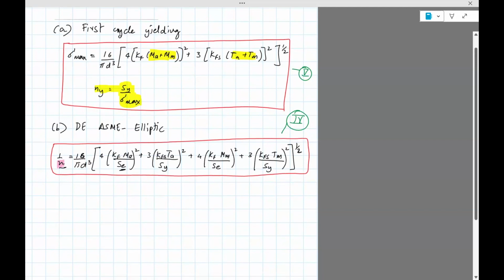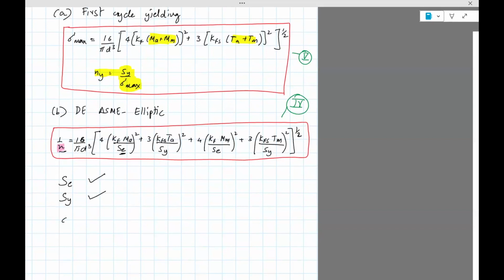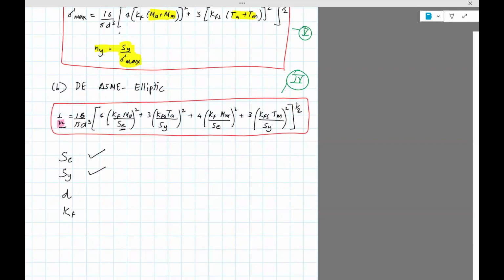Okay, so let's see what is needed in these formulas, and then what we know, and then what we need to compute in order to complete the calculation. So SE, SY, that's it. SE is known, SY is known, that's given. We need to know D, KF, KFS. Then we need to know TA, TM, MA, MM.